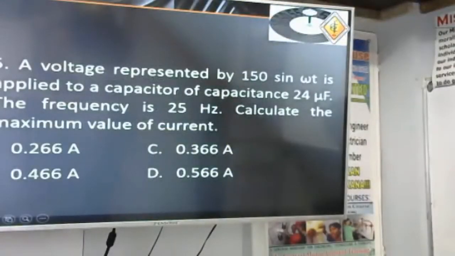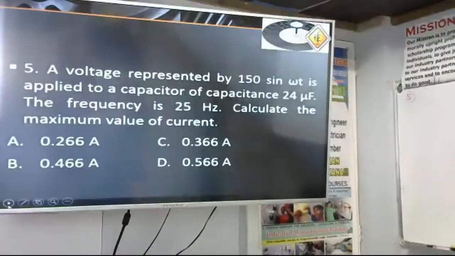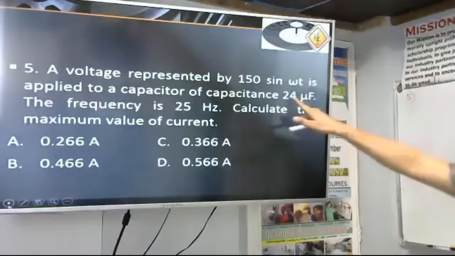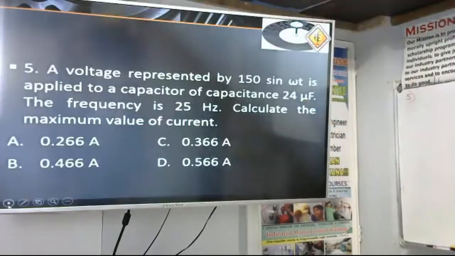Okay. So number 5 problem. A voltage represented by 150 sine omega t is applied to a capacitor of capacitance 24 microfarad. The frequency is 25 hertz. Calculate the maximum value of current. Okay, again, so we have a pure capacitor here.